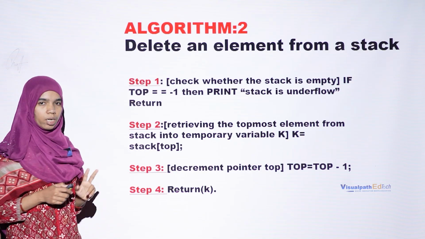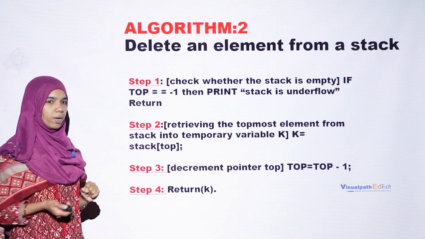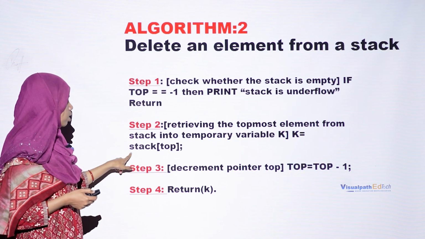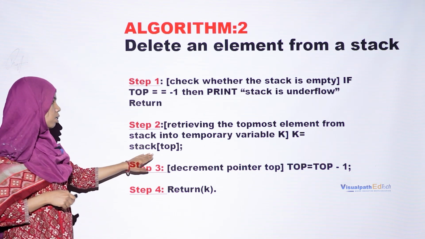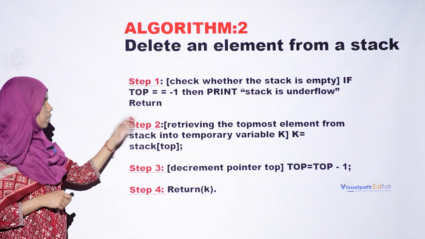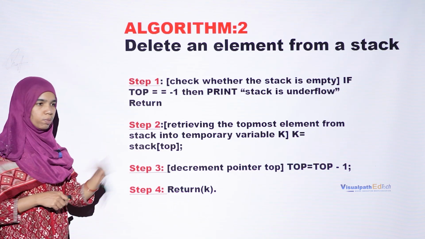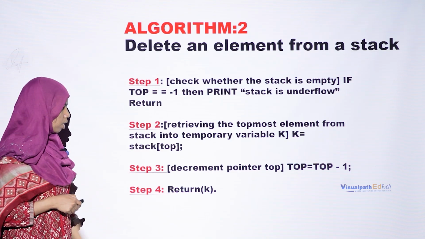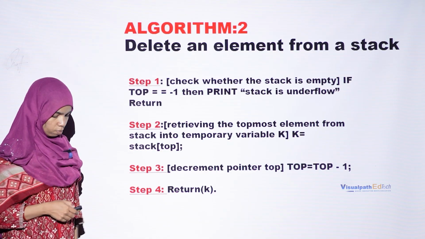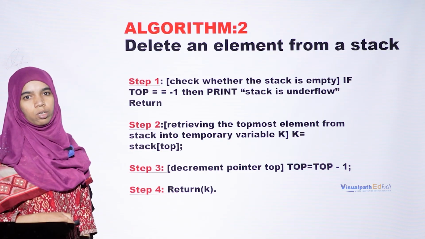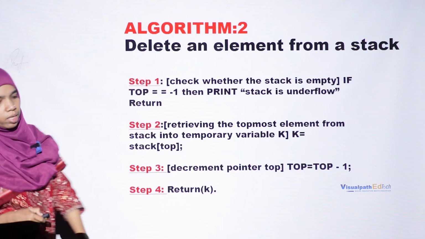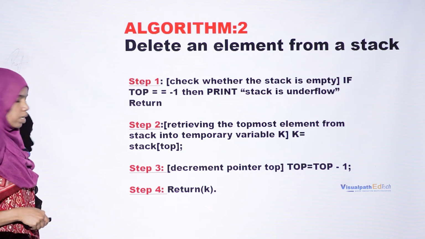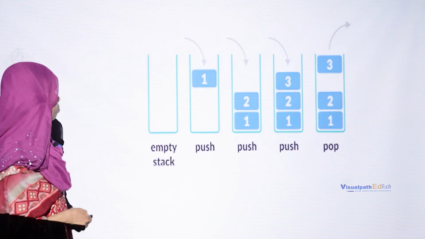Both conditions must be checked before we apply any of the operations. Next, we retrieve the topmost element and remove that element, which is popped out. Finally, we decrease the size of the stack by 1 to show that the stack has decremented, and we return.